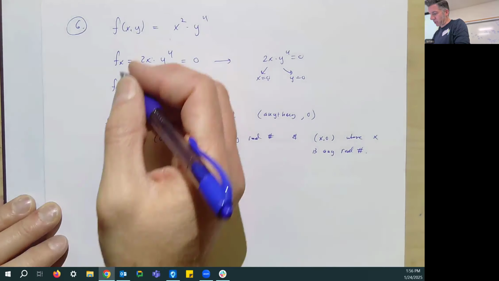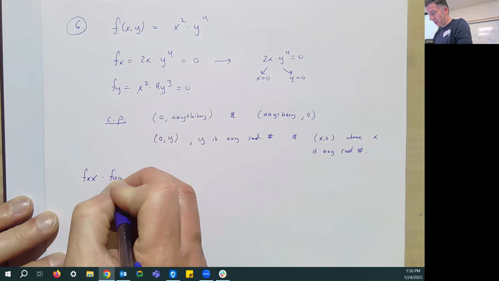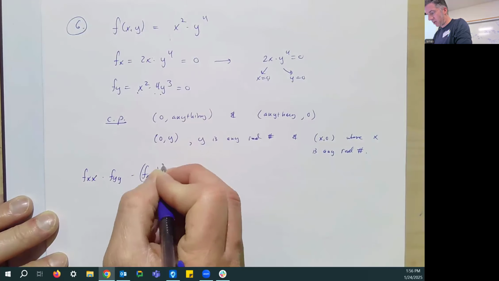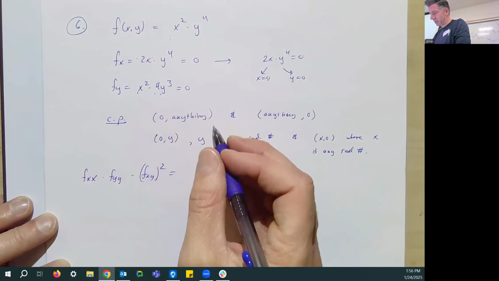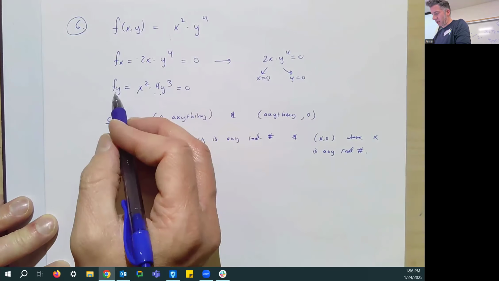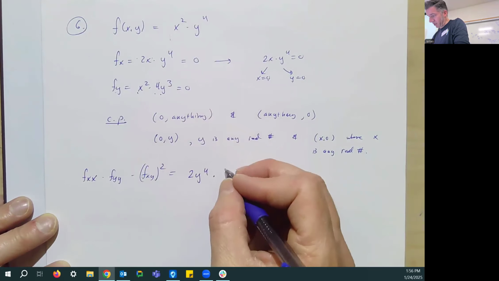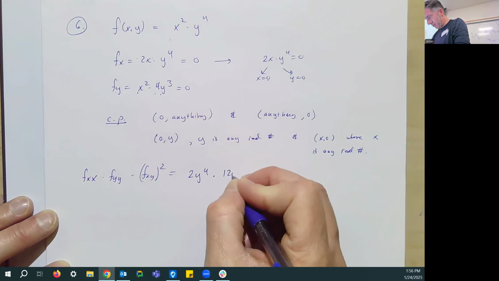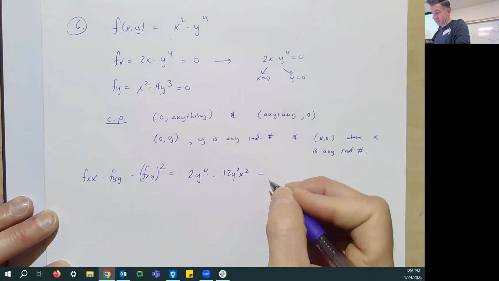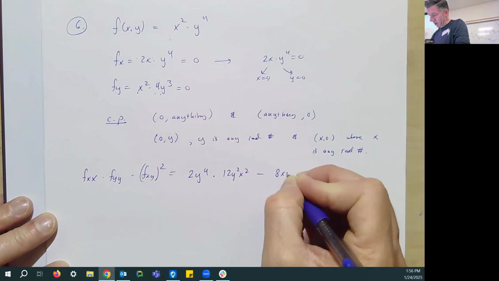Here's the bummer. We can't classify any of them. Because if you look at the second partials here, fxx times fyy minus fxy squared is equal to, let's see, fxx is going to be 2 times y to the 4th. Fyy is going to be 12y squared times x squared. And then fxy is going to be 2x times 4y cubed, which is 8xy cubed.